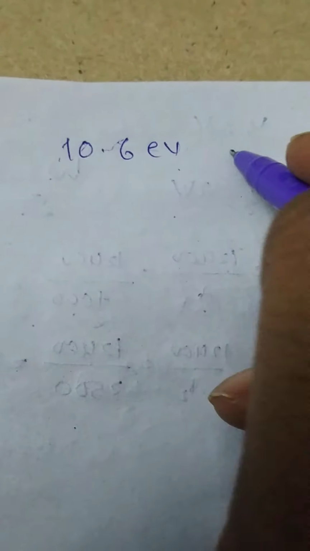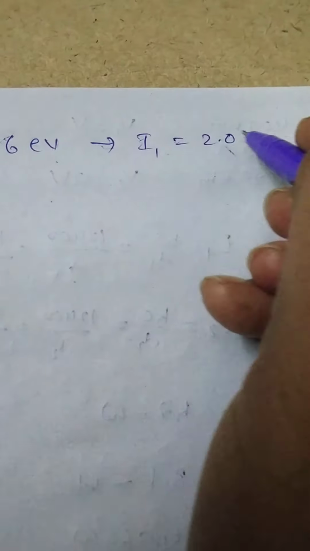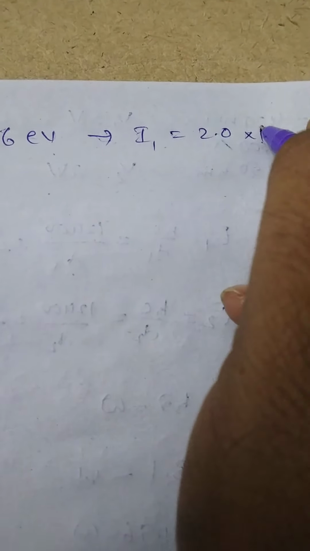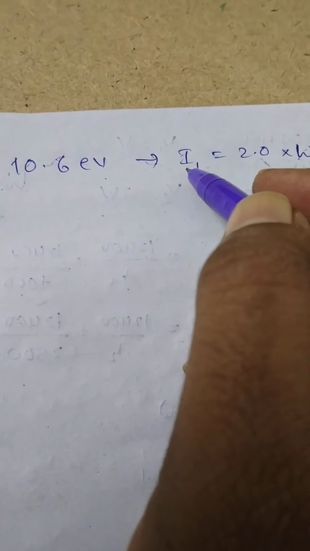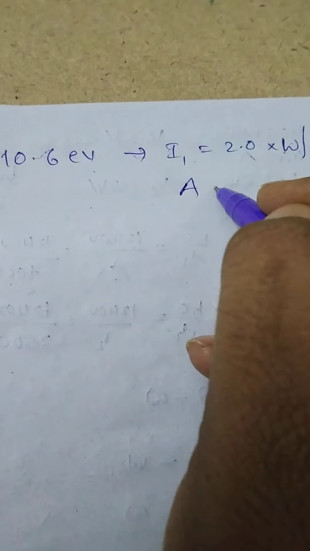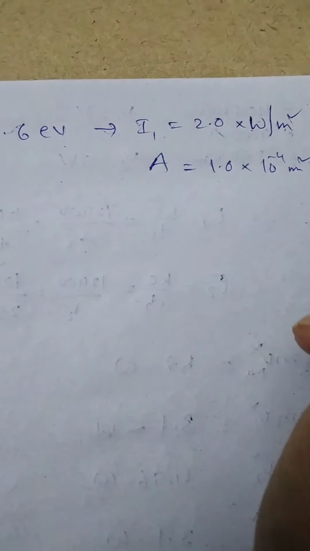another example, very important. A beam of 10.6 electron volt photons having an intensity I1 equal to 2.0 watt per meter square is incident on a platinum surface having area 1.0 into 10 to the power minus 4 meter square.